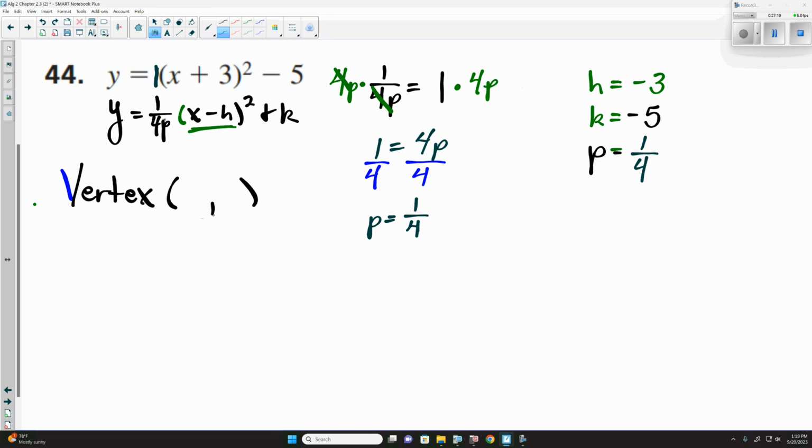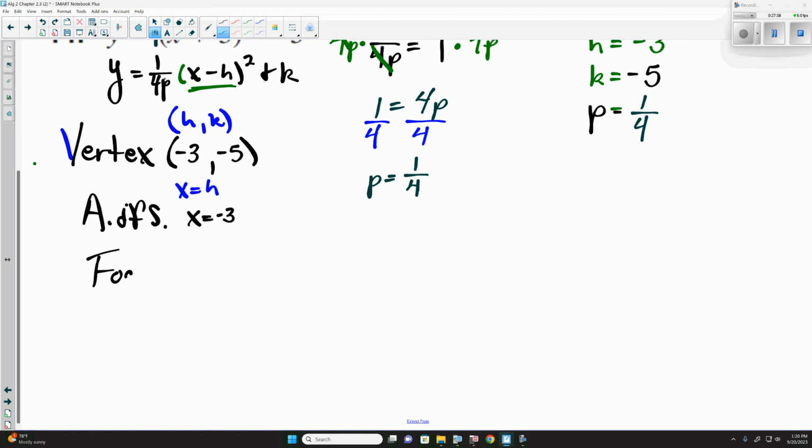Now our vertex is the point h comma k. Well, our h value in this case is, and our k value is, so -3, -5. Our axis of symmetry for this here is x is equal to -3.